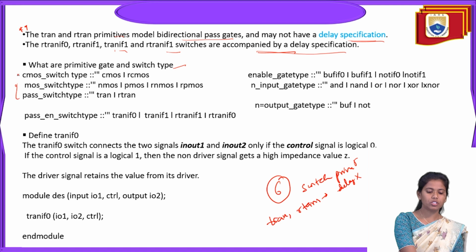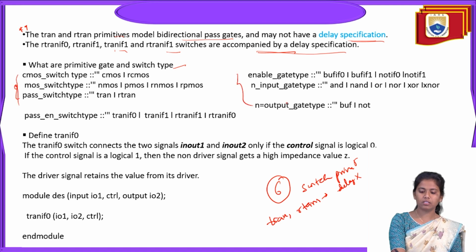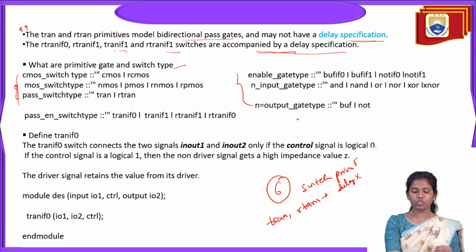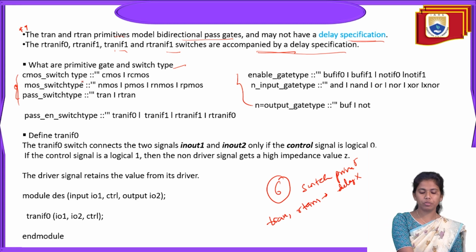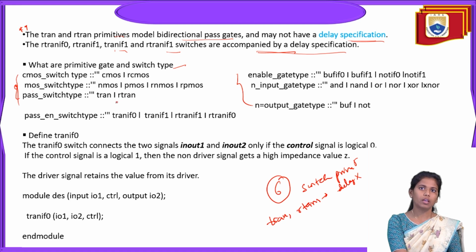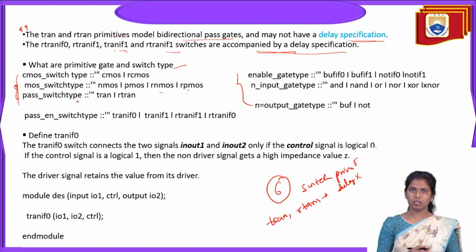In the switch types we have the CMOS switches: cmos and rcmos; the MOS switches: nmos, pmos, rnmos and rpmos, the combination of N and P type switches and also the resistive ones; and then the pass switches, which are tran and rtran.